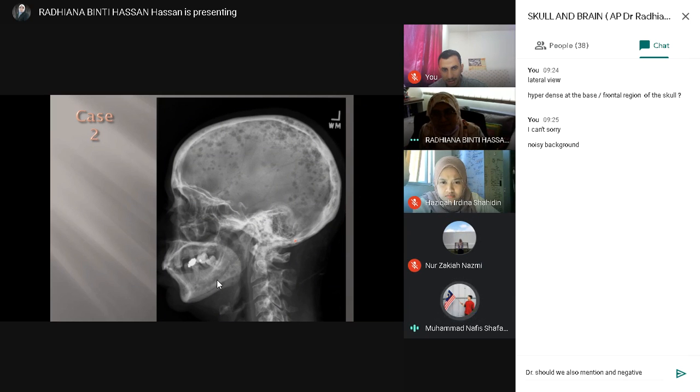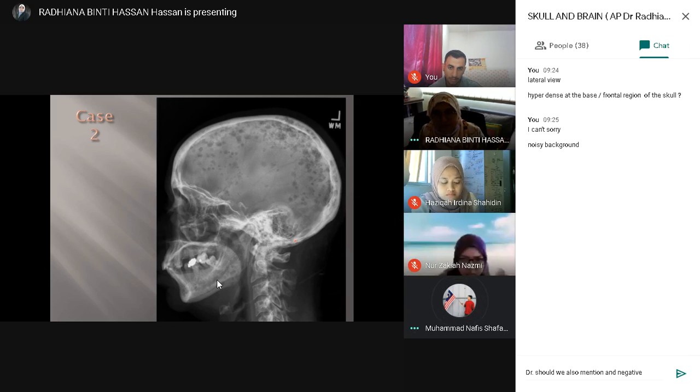If multiple myeloma, so there is multiple discrete lytic lesion throughout the skull, and maybe I can add, I think the size of the lesion is quite uniform.